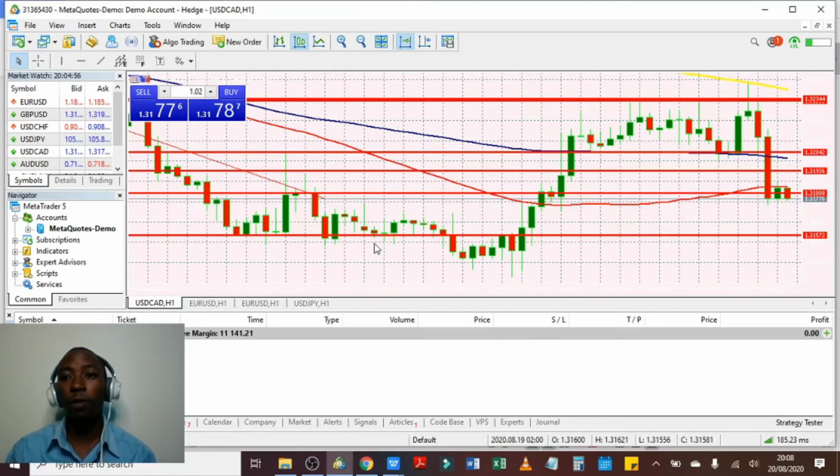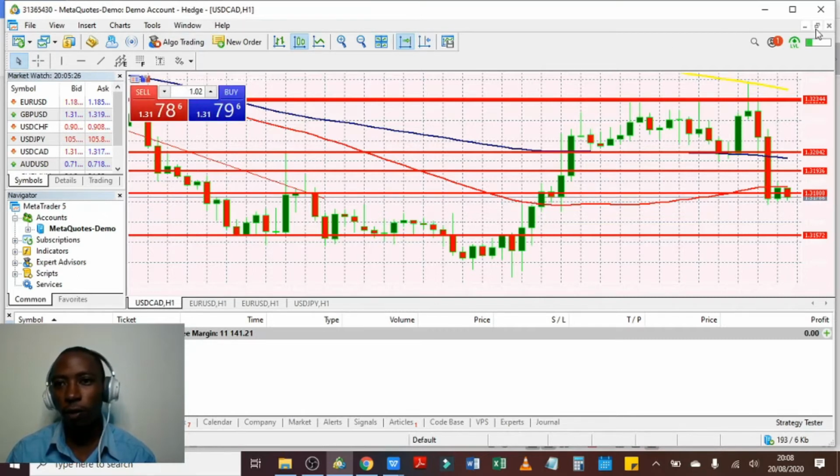To draw a Fibonacci retracement, you need a highest level and a lowest level. If it is a downtrending market, you connect the highest level to the lowest level. If it is an uptrending market, you connect the lowest price in that session to the highest price. As you can see on the screen, that is the USD CAD chart.